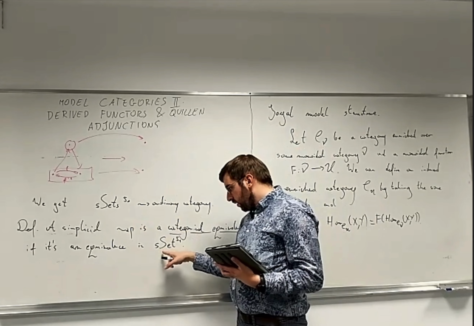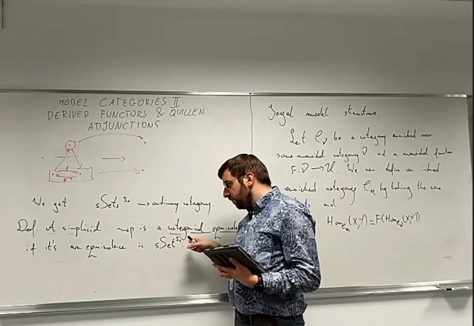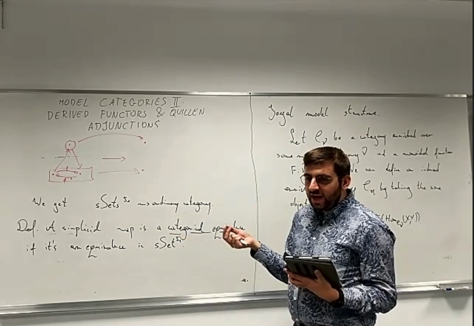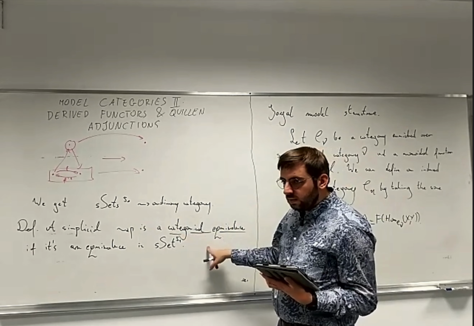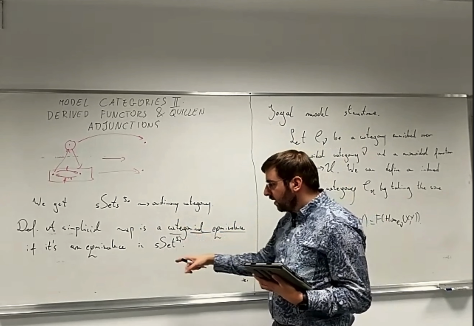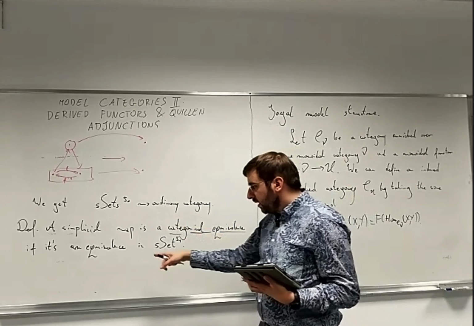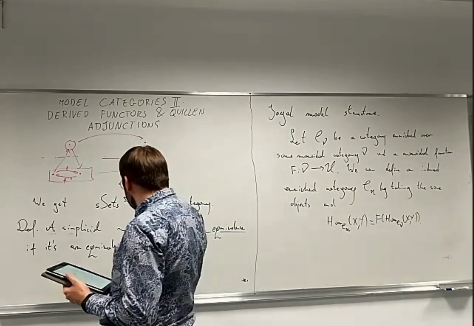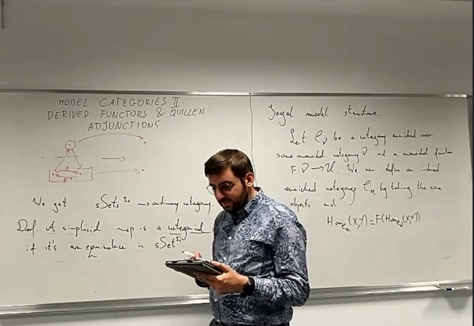We have a simplicial map, and by this enrichment it will give us a functor between two categories. Then we say that it is a categorical equivalence if it is an equivalence of the categories in this enrichment.